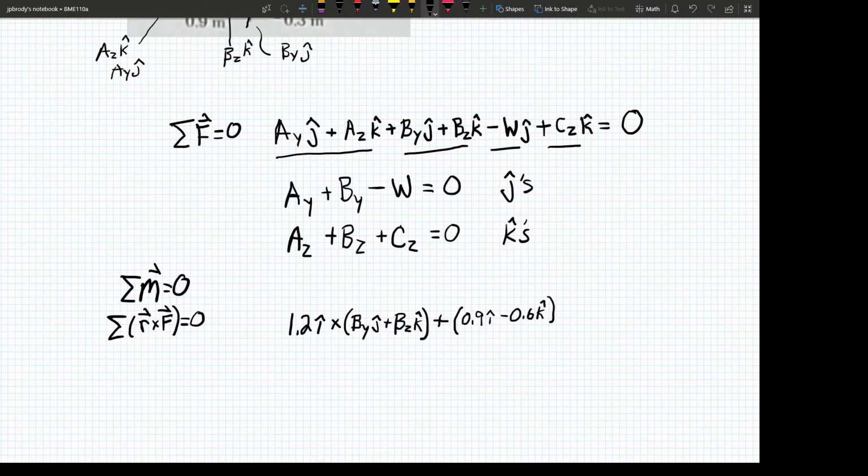So again, that's the R from the origin to point D. Let me do the other part here first. We're going to cross that with the weight. And I'm just going to call it minus weight in the j hat direction.